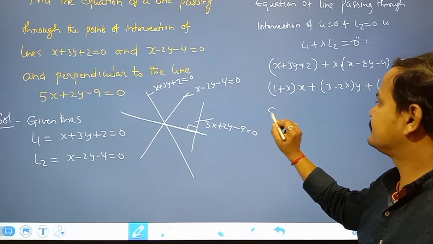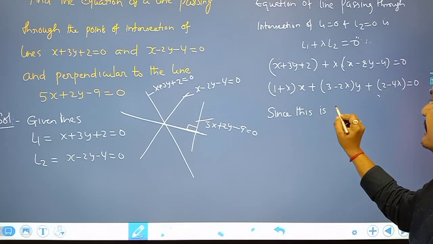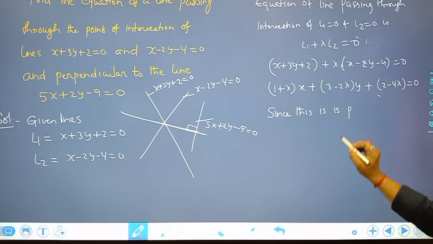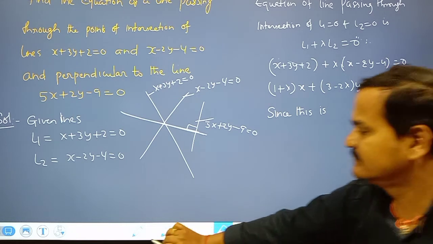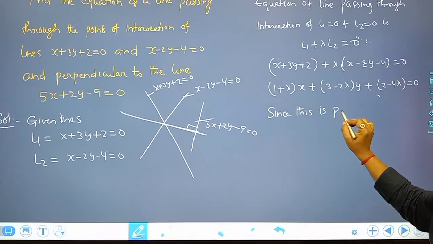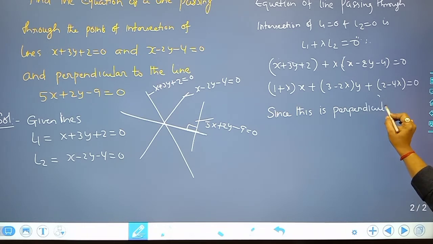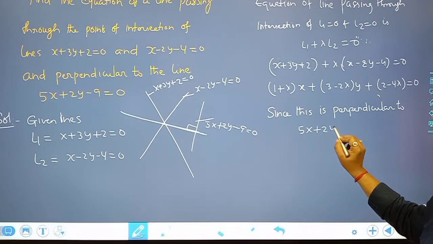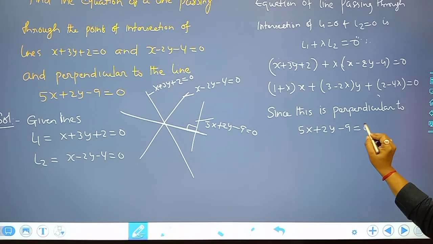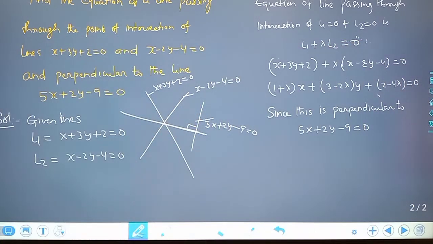Since this line is perpendicular to the line 5x plus 2y minus 9 is equal to 0, and as said before, when any two lines are perpendicular, what is the condition?